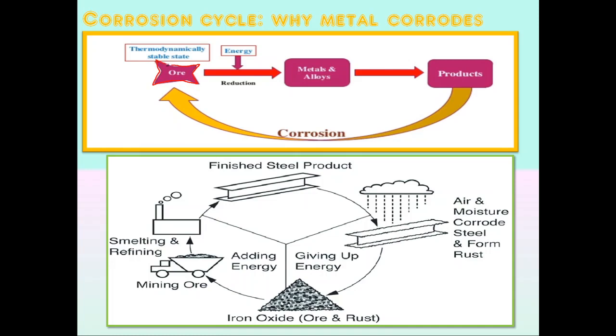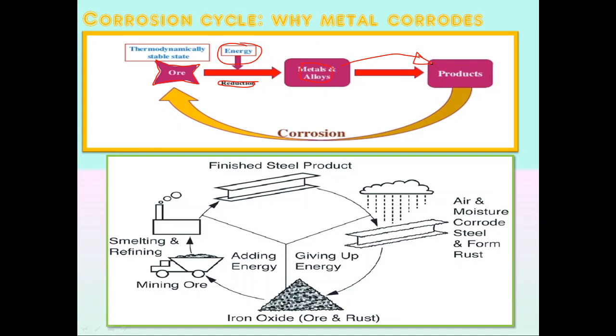So the metallurgical process is that from ore we make metals. From ore we carry out certain reactions, providing energy, and we purify that ore by providing energy, and convert it to metal and alloys. And when we have metal and alloys, we convert them to finished products like plate, pipe, or whatever form of product we are using.